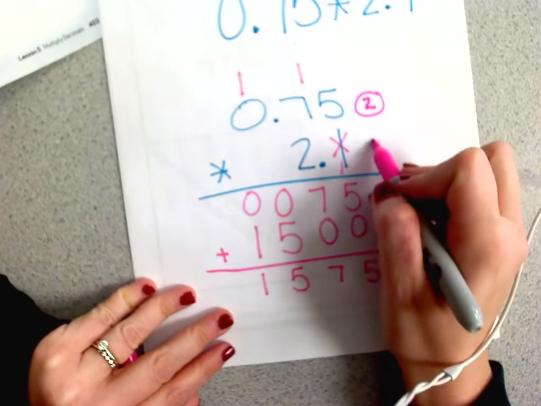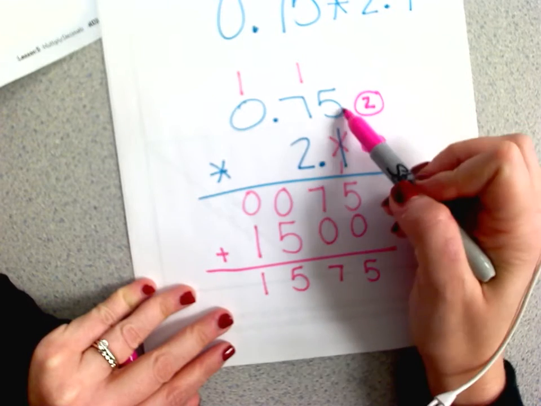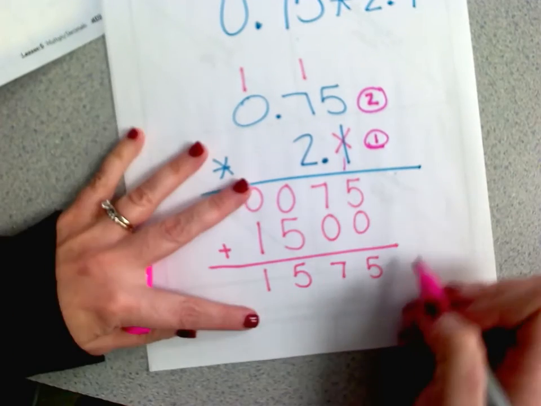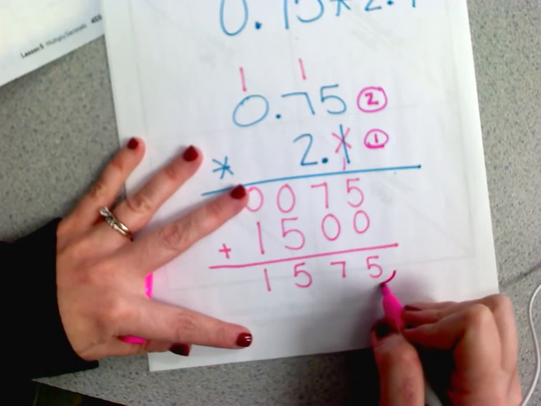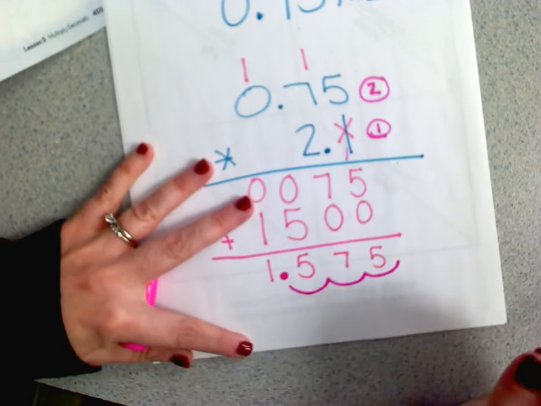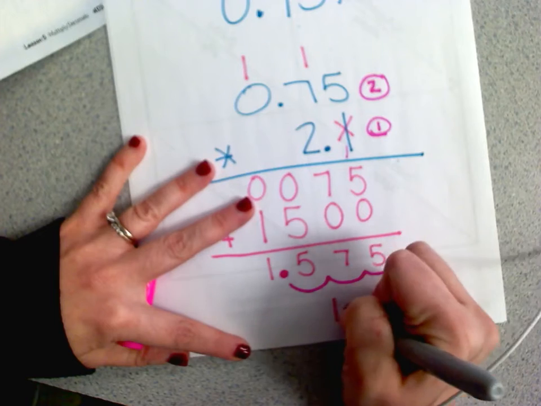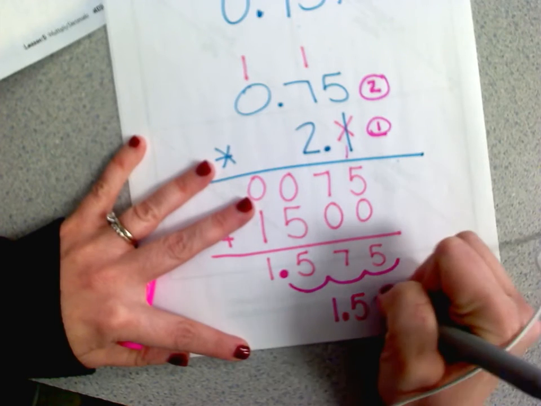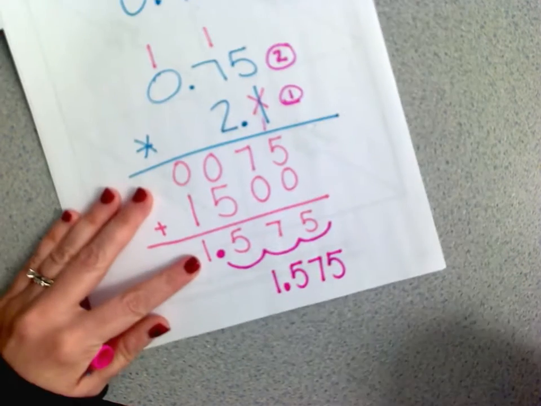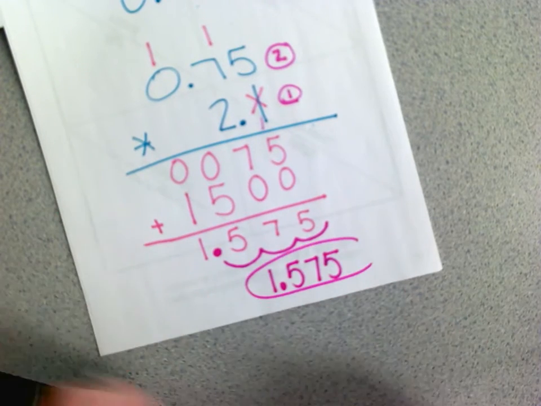Just the 1, right? So 2 plus 1 is 3. So let's hop back into our problem. 1, 2, 3 places. And that is where our decimal point belongs. The product is 1.575. Very important.